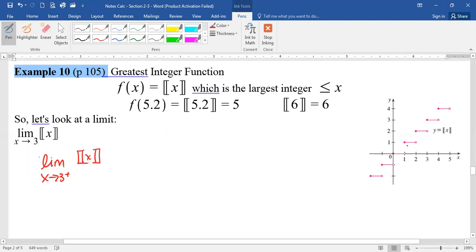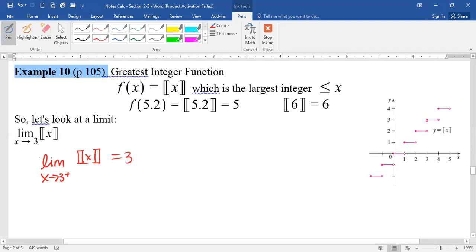Well, let's look at our graph over here. As x is approaching 3 from the right, what does it look like your value is going to do? As it gets closer and closer to 3 from the right, what is it approaching? 3. Looks like it's approaching 3, right?